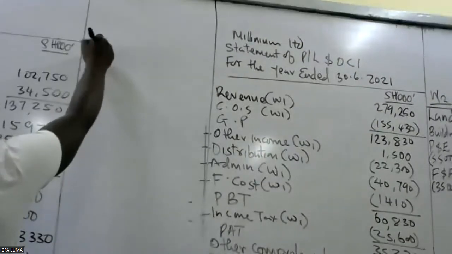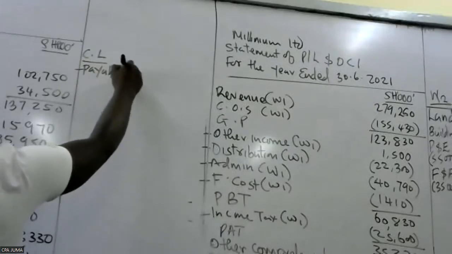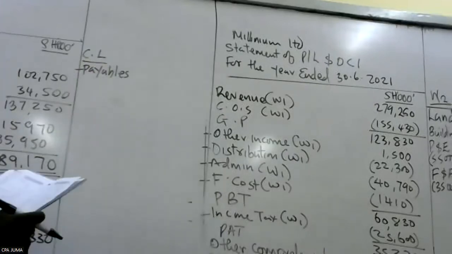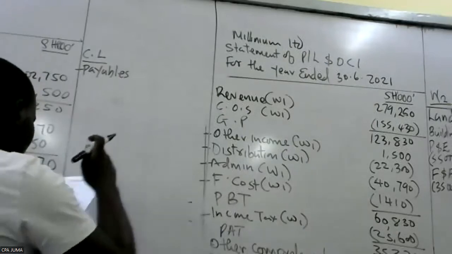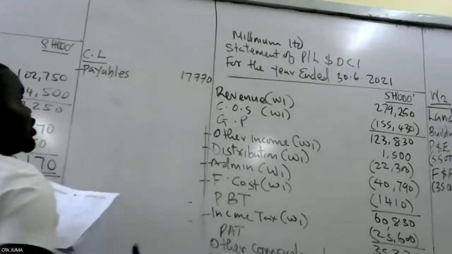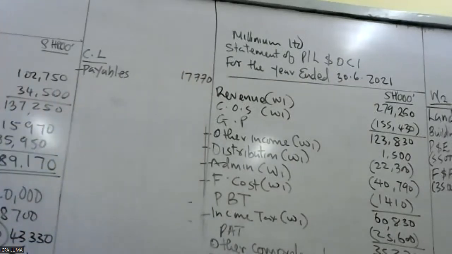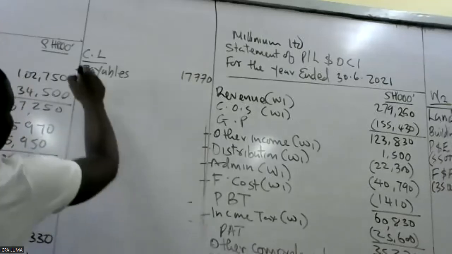So current liabilities as usual, payables. Payables is how much? 17,770. You are below. Then current tax.